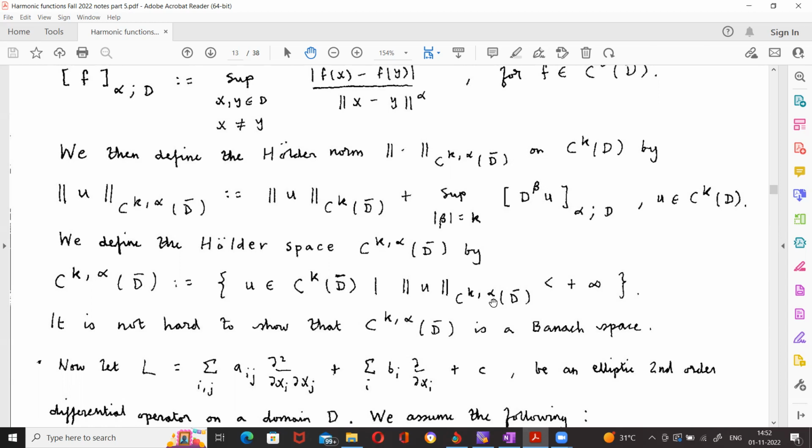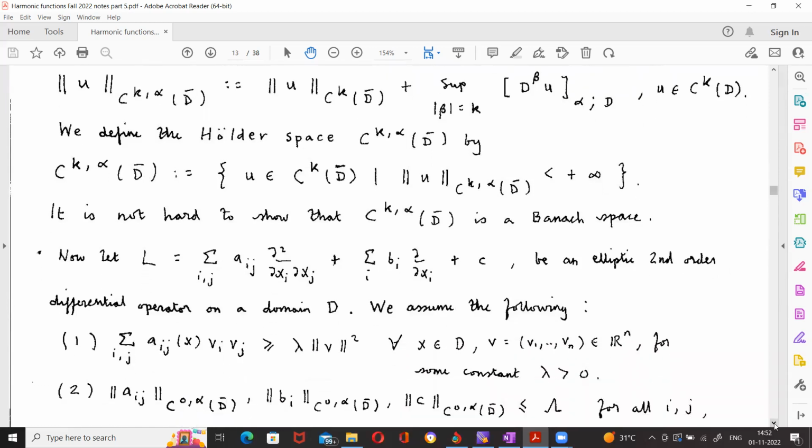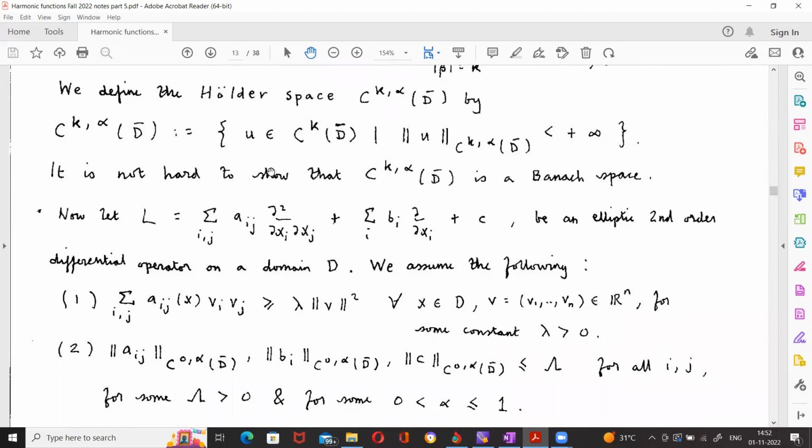You need two derivatives, but we also want the second derivatives to be Holder continuous. So the right spaces to look at for us will be C2 alpha spaces. This CK alpha space is a Banach space. It's not hard to show that.